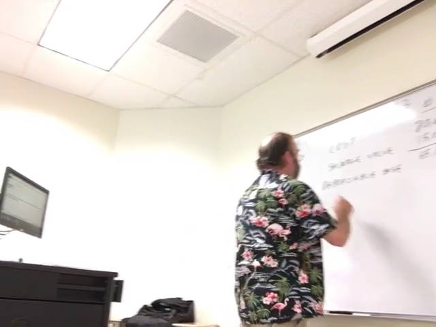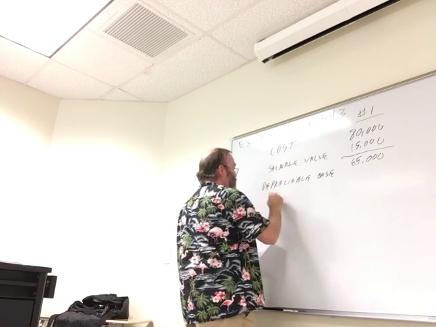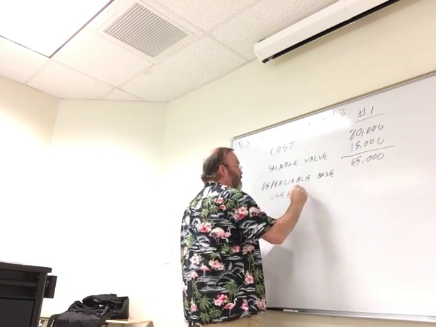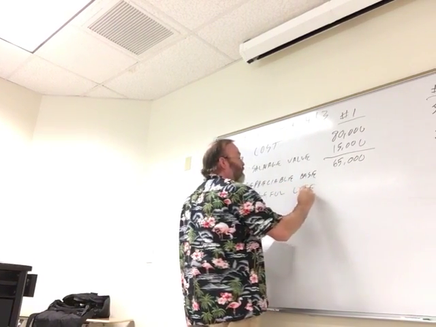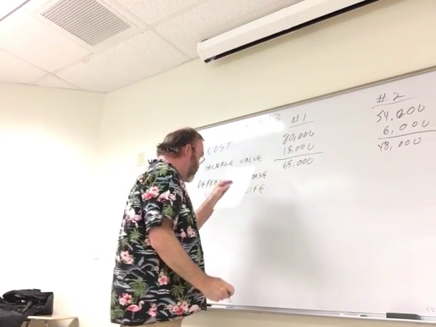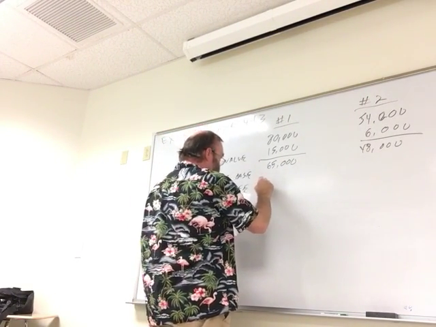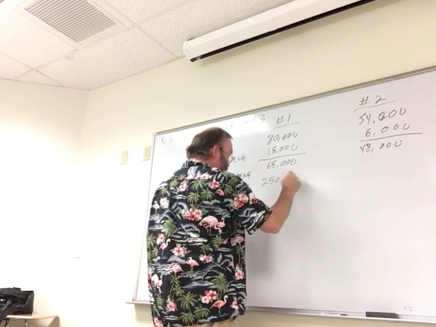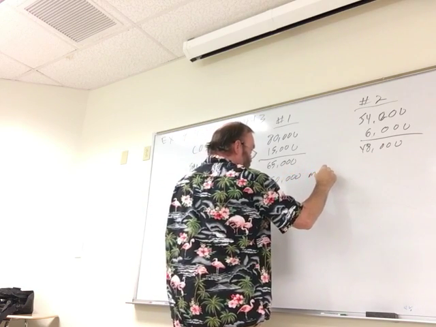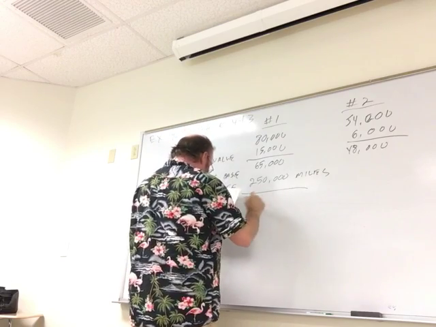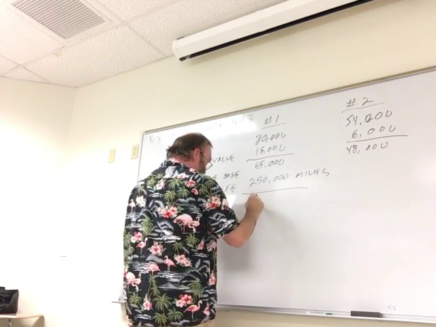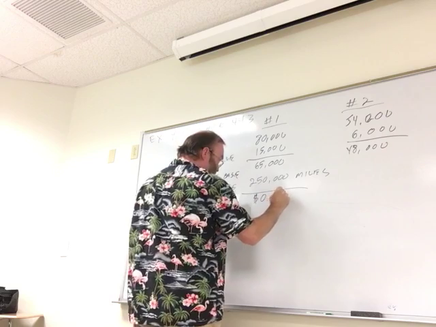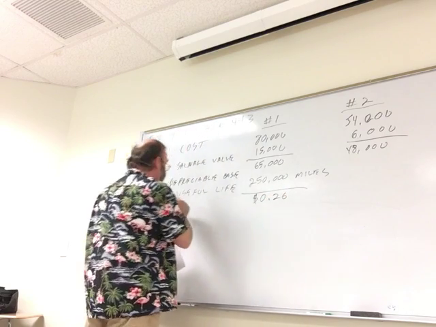It is telling you in this chart the estimated useful life in miles. So we're going to drive truck number 1 for 250,000 miles, or a rate of 26 cents per mile.